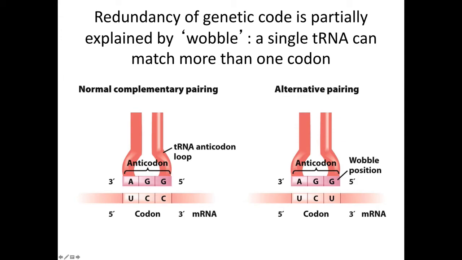So here's a particular tRNA anticodon, AGC, which recognizes UCC, but notice here it also recognizes UCU. So this position here is known as the wobble position, and there is some lack of specificity and some tolerance to mispairing here. And because there's some tolerance to mispairing at this particular position, that means it's the third nucleotide that tends to be the least critical for determining what amino acid is coded for by a particular codon.